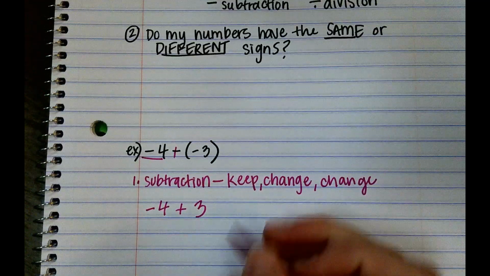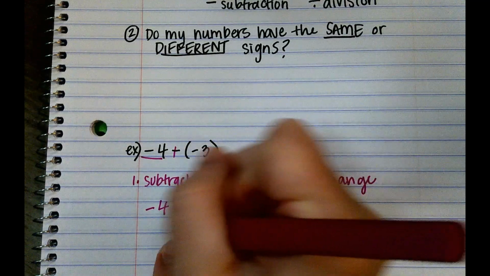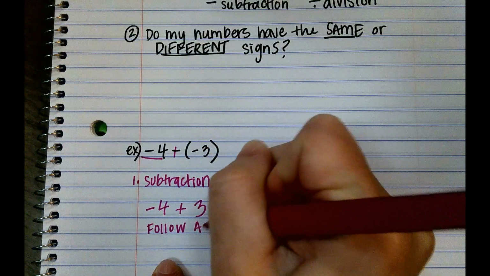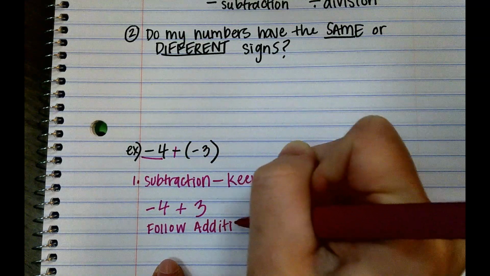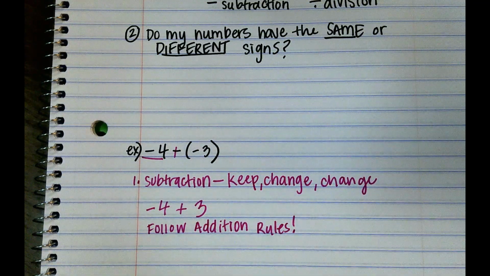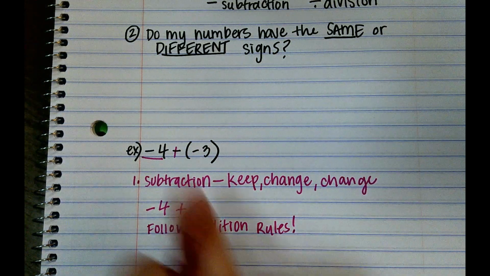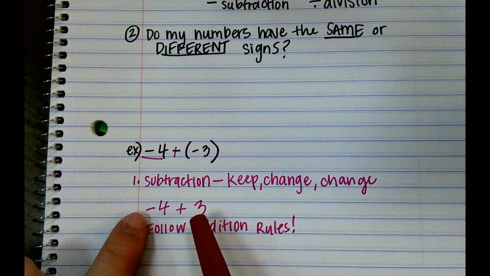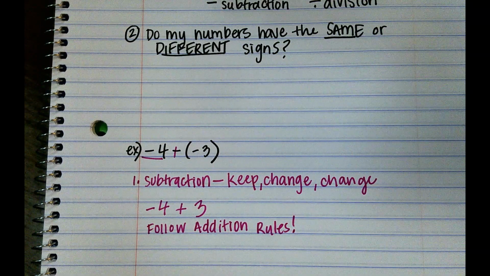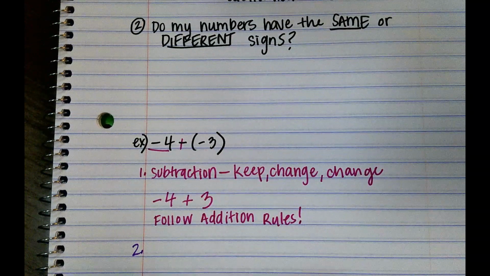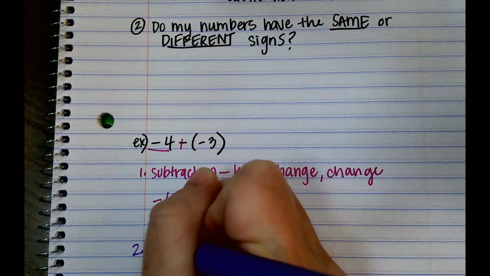Now it's addition. So we follow addition rules. This is now where we ask ourselves the second question. Do my numbers have the same sign or different signs? Different signs. So for step 2, we have different signs.